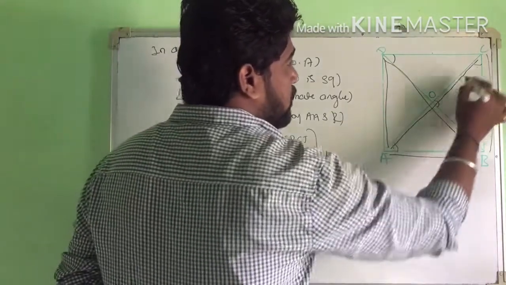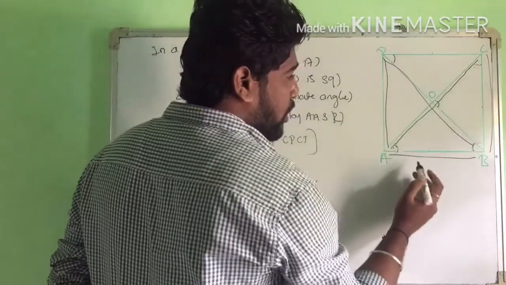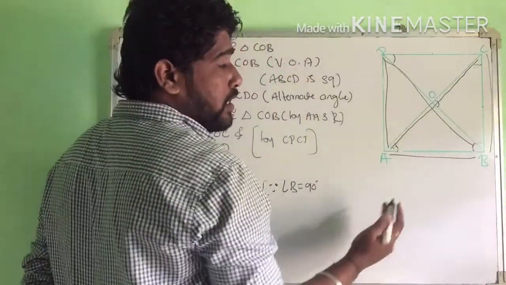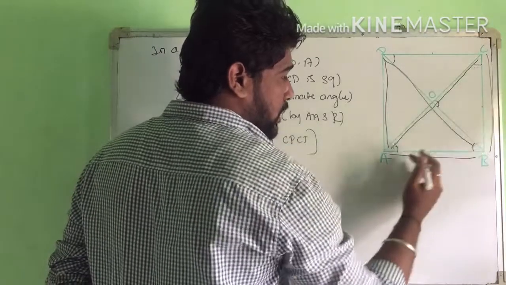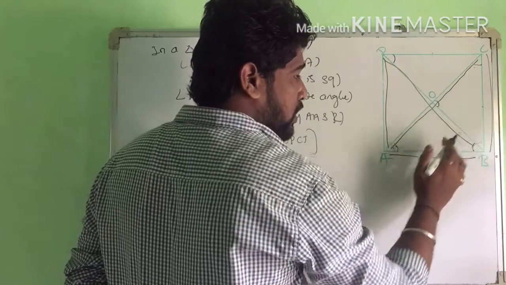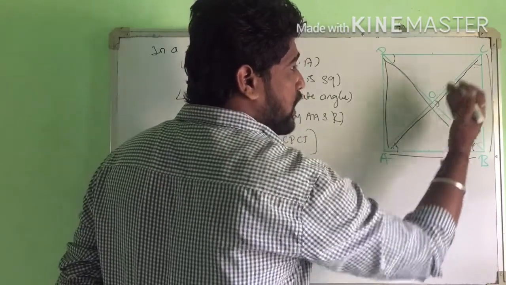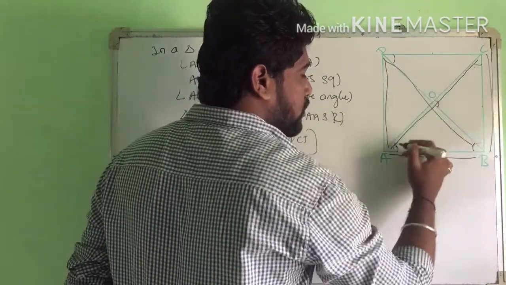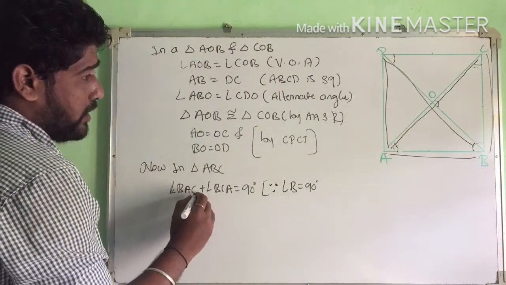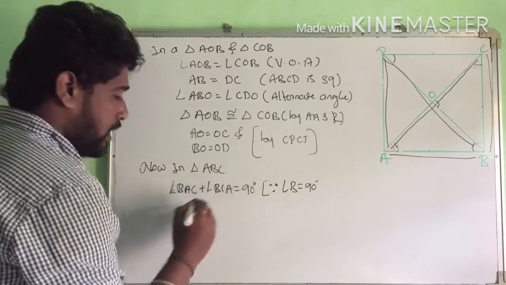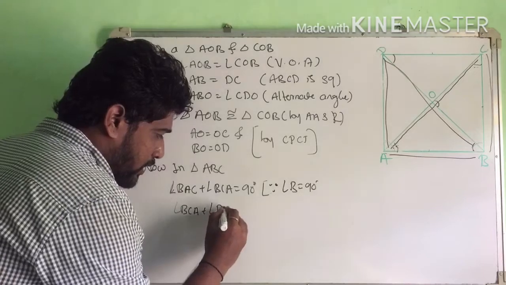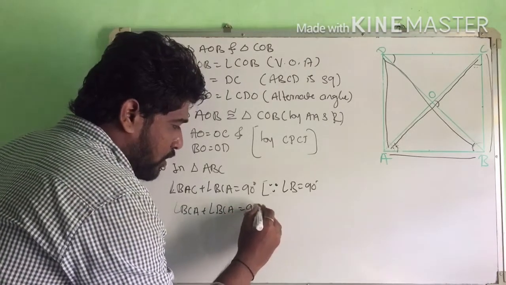And we know that these two angles are equal because AB is equal to BC. AB is equal to BC because ABCD is a square. Square means these two sides are equal. These two sides are equal, which means in a triangle equal sides have equal opposite angles. That's why these two angles are equal. So instead of BAC we can write BCA. Angle BCA plus angle BCA is equal to 90.